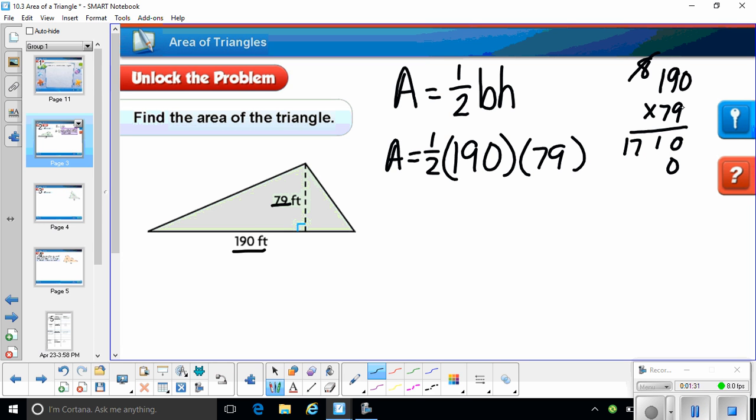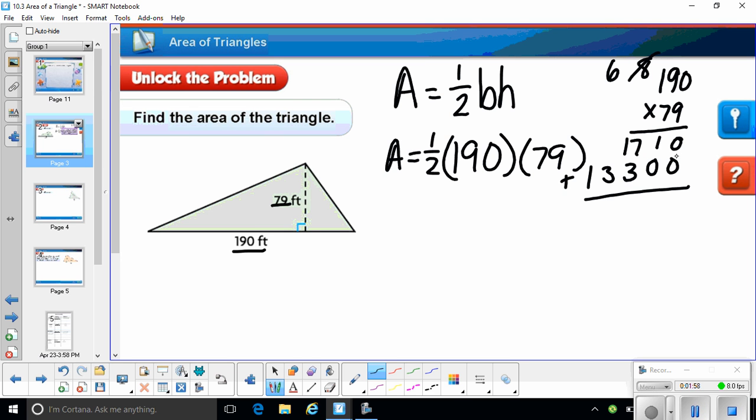I'm then going to go ahead and multiply the 7. 7 times 0 is 0. 7 times 9 is 63. 7 times 1 is 7, plus 6 is 13.